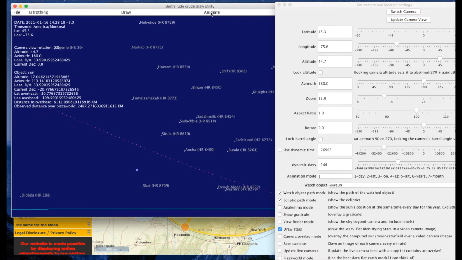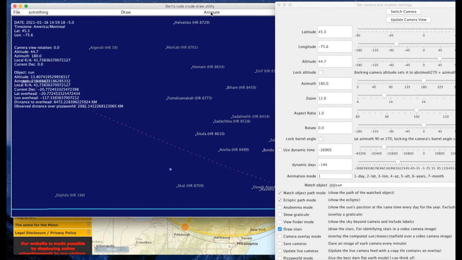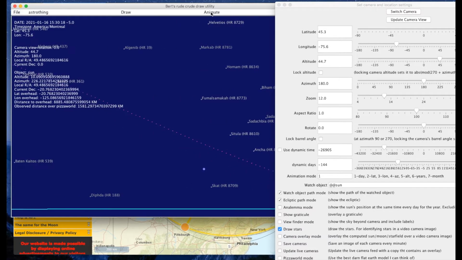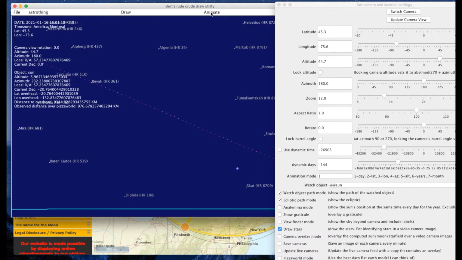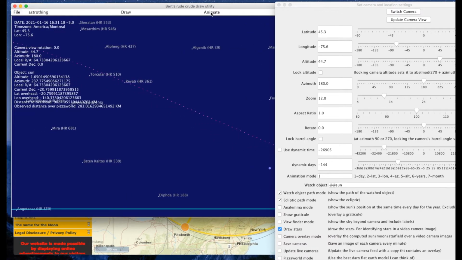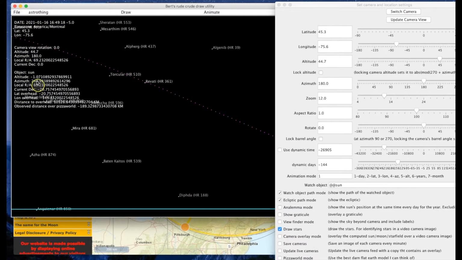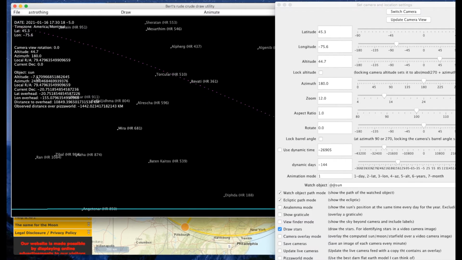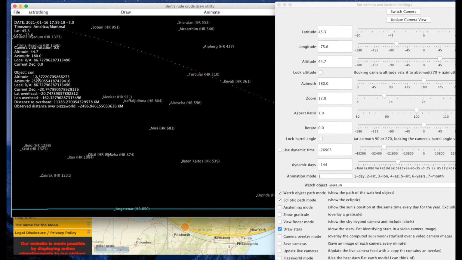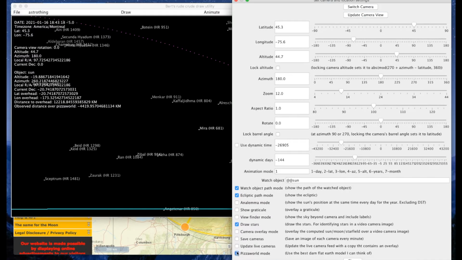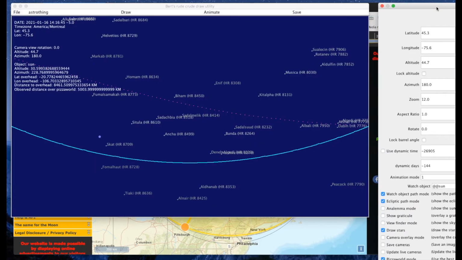I can animate it, and as you can see, the distance above the Earth changes throughout the day, even to the point where it goes below altitude of 0 and it crashes into the ground. If I turn Pizza World mode on, this is what I should see throughout the day.